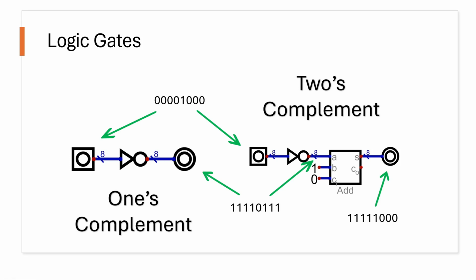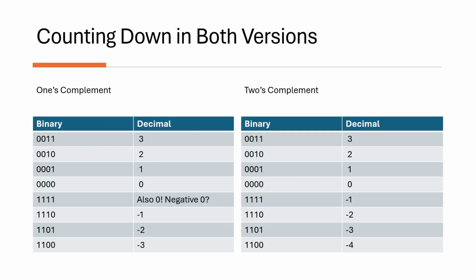I'll illustrate that first by looking at the process of counting, in this case counting down from a number until we go negative. In ones complement, for example, starting with the number 0011, which is positive, that equals the decimal number 3. And as we subtract 1 in each row here, we go down closer to 0. 0010 is 2, 0001 is 1, and then 0000 is 0.